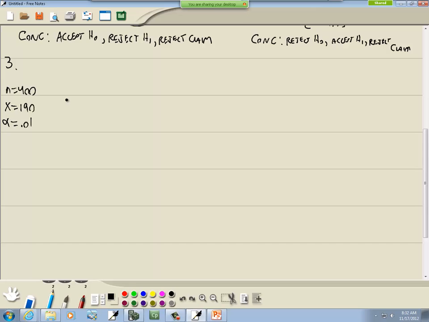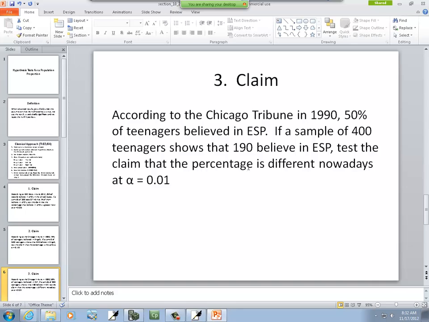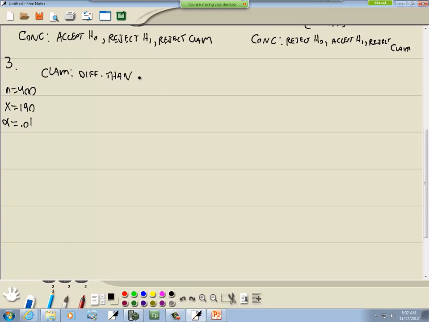So alpha is 1%. And it said test the claim that the percentage is different nowadays. Different from the 50% up above. So different than 50%. Okay, different than is not equal to.